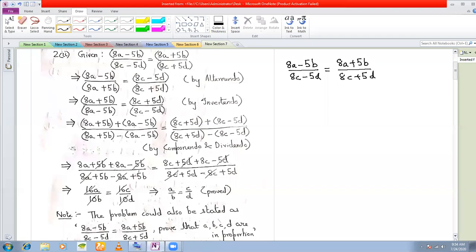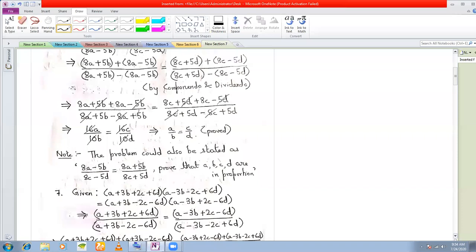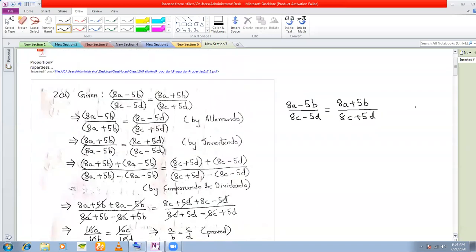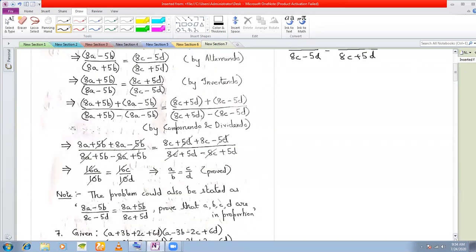This proportion is given. And you have to show that a, b, c, d are in proportion. They have stated the problem in this way: given this proportion, you have to show that a by b is equal to c by d.